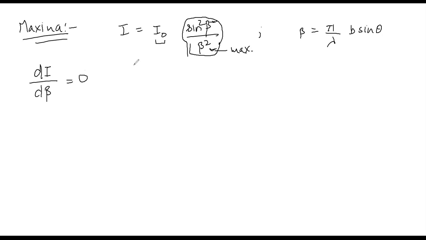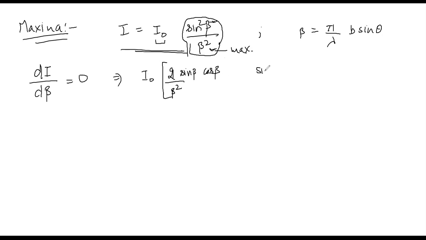Now, if we do that, if I take the derivative of this expression with respect to beta, I naught तो constant है, right? You can do the derivative by parts. First, let's keep 1 upon beta square को आप constant रखिए. sin square beta का अगर आप derivative लोगे, you will get 2 times sin beta cosine beta.